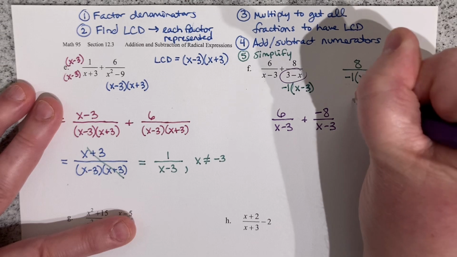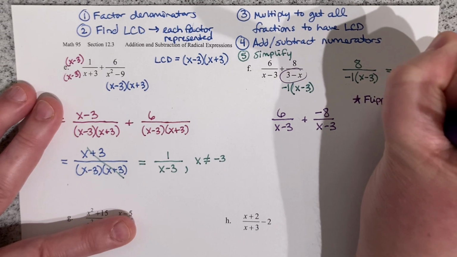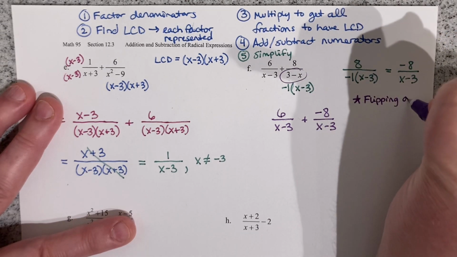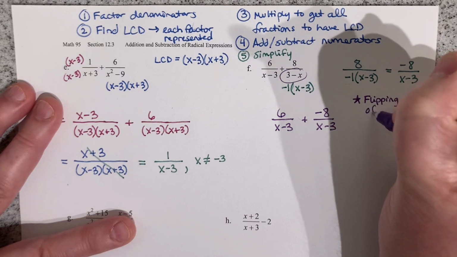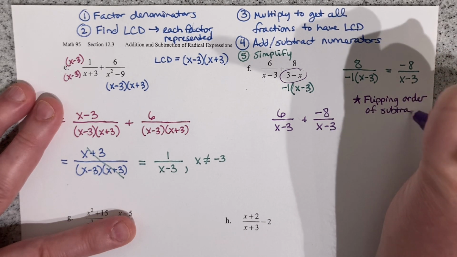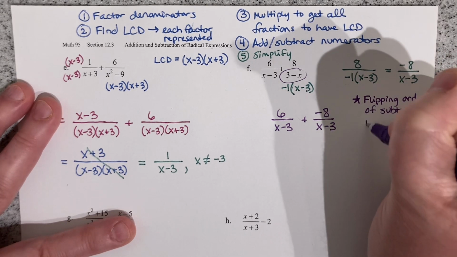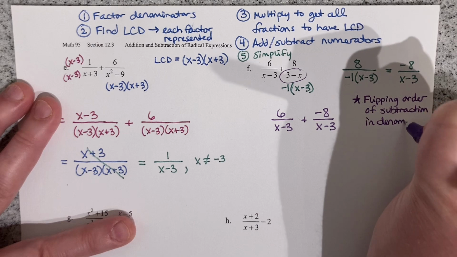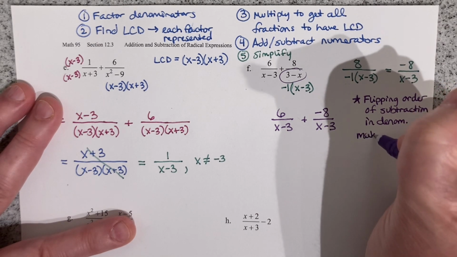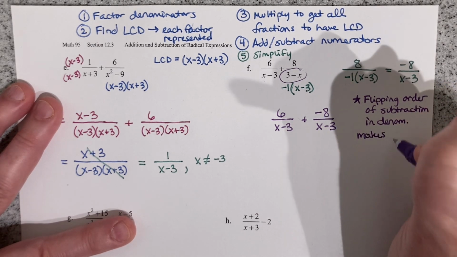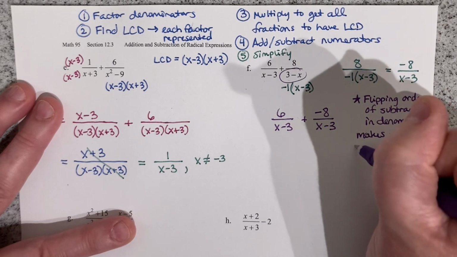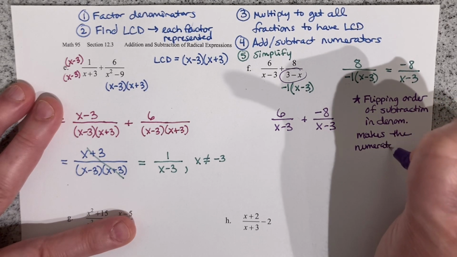Yeah, let me write that out. So flipping the order of the subtraction in the denominator makes the numerator negative.